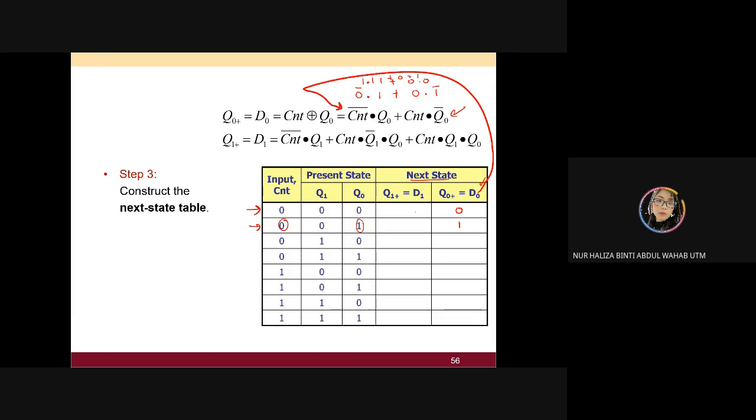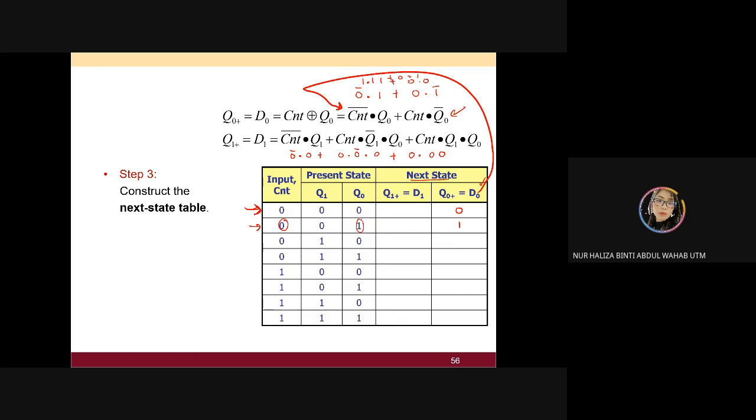So for this part, let's see the first scenario. We have 0 bar dot 0 plus 0 dot Q1 bar, 0 bar dot 0, plus CNT is 0.00.